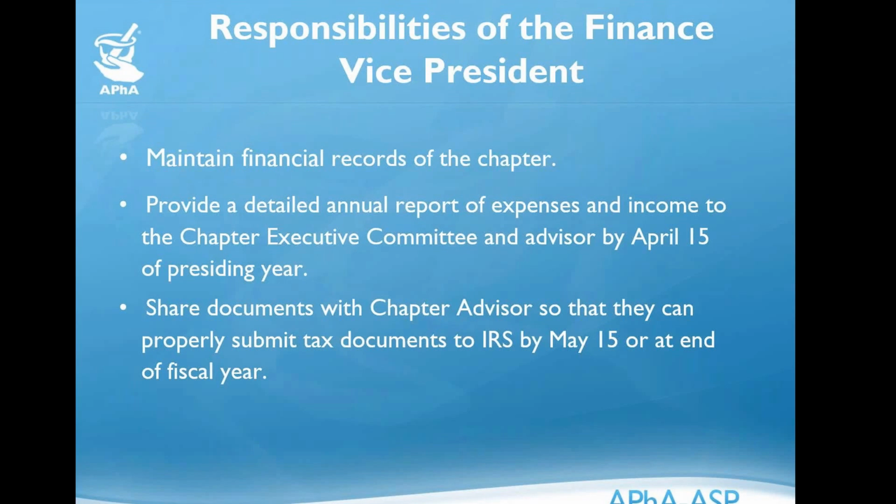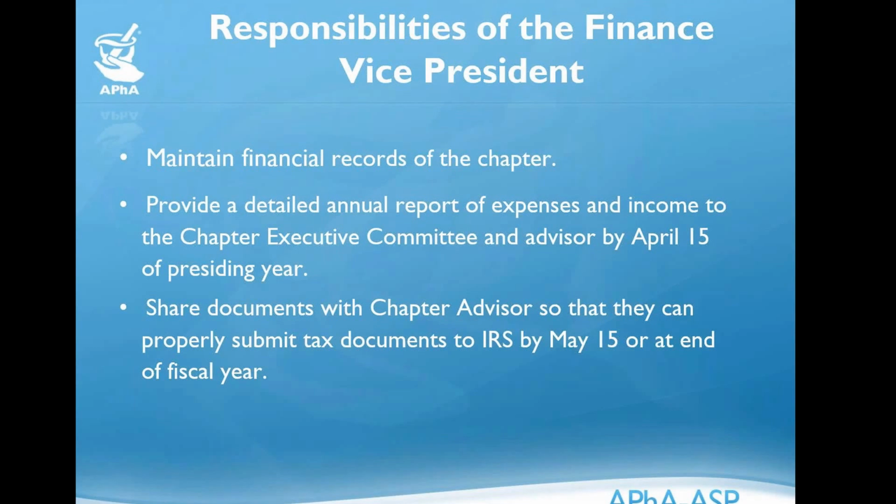One, you report your income and your expenses to the Chapter Executive Committee every year. By April 15th of every year, you're going to compile a report for the rest of your Chapter Executive Committee and your advisor to let them know what you spent money on, how much income you brought in, who the money came from, how you made the money, and exactly what you spent all of the money on for your chapter.